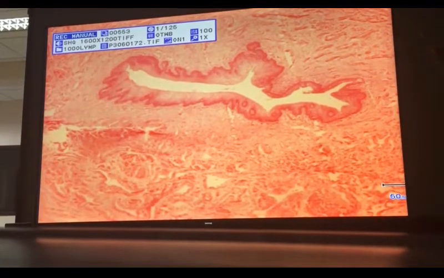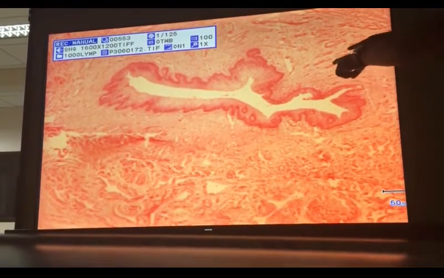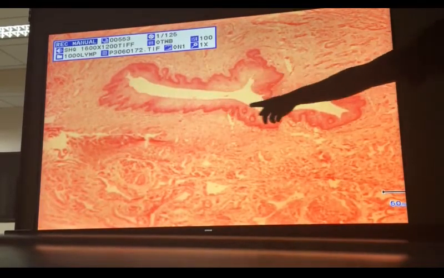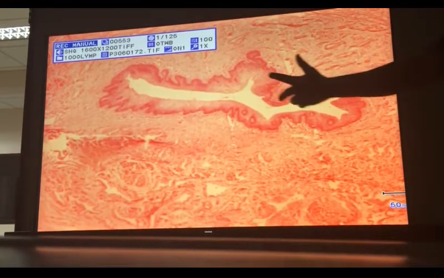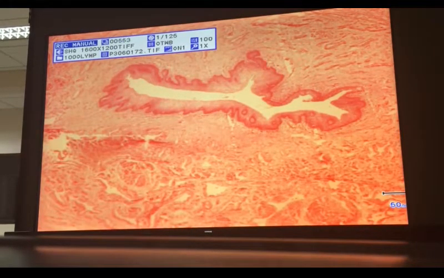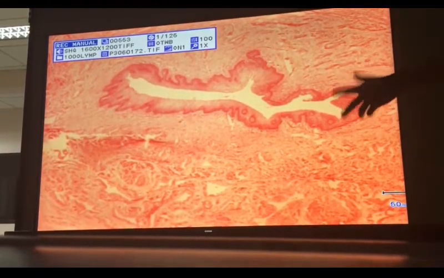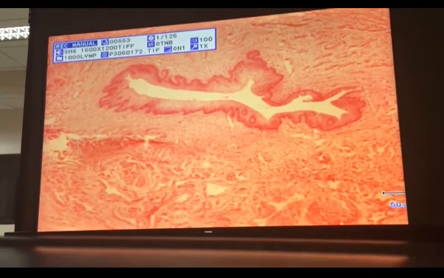It is very easy to identify the corpus spongiosum because of the presence of numerous blood vessels with the centrally located urethra. This is the urethra. Now there is a gland associated with the urethra. You can see it there. Urethral gland. What do you call that gland? Urethral gland.